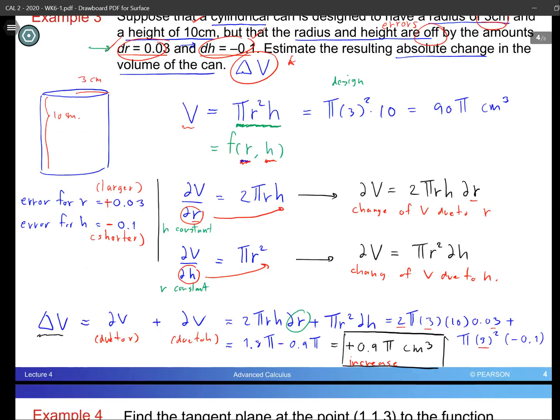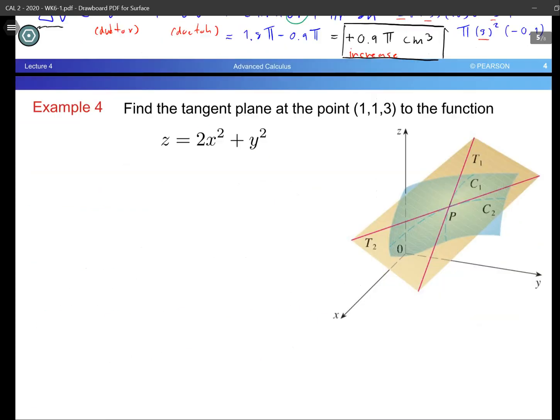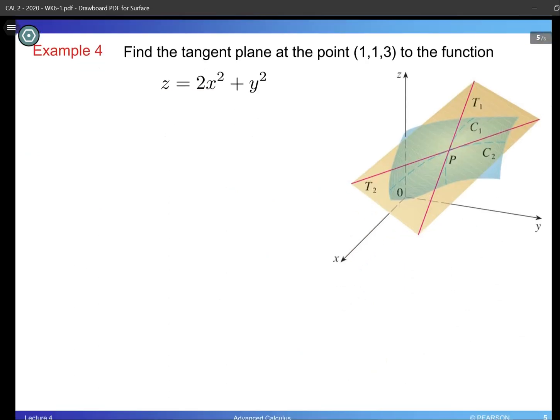Now let's move to example number 4, and this is about tangent plane. So we want to find a plane in 3D, and that plane has to go through this point 1, 1, 3, and it has to be tangent to this function.